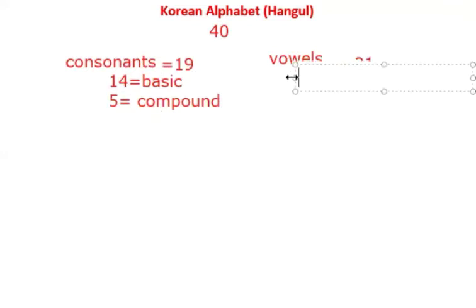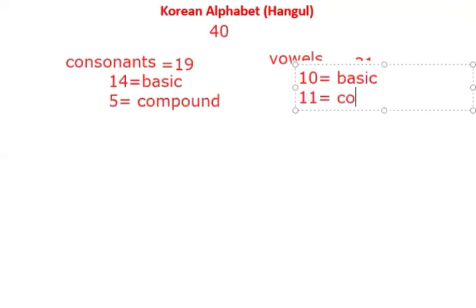In the case of vowels, there are 10 basic vowels, and the remaining 11 are compound vowels. These compound vowels are formed by the combination of two basic vowels.